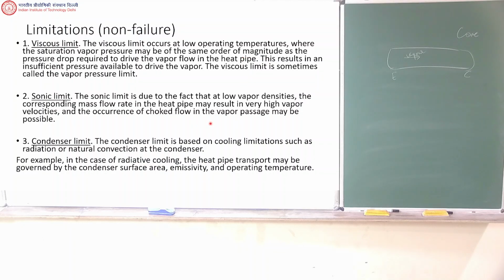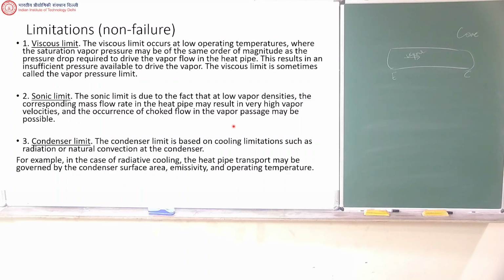Then there's also something known as sonic limit. If you have low vapor densities, then you have a mass flow rate of vapor. Low density of vapor means high vapor velocities, and high vapor velocities can result in choked flow.